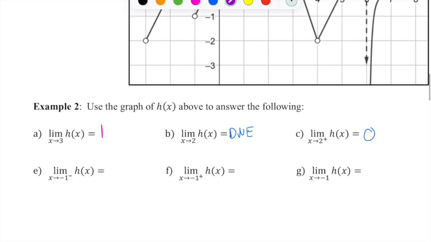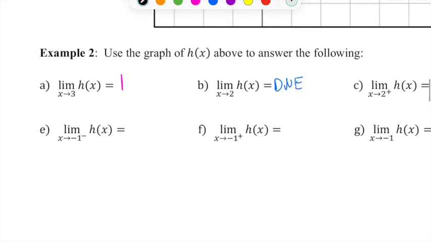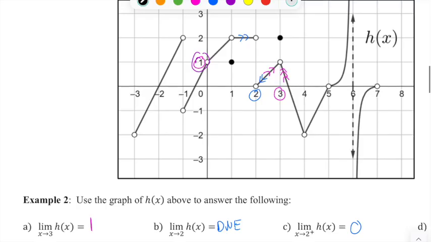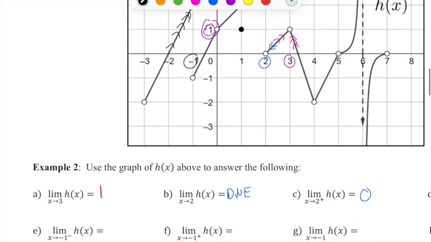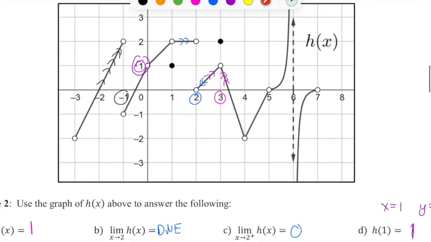All right, E. What happens as you approach -1 from the left? So -1 is here, from the left is going this way. It looks like we're getting closer and closer to the y value of 2. What happens when we approach -1 from the right?